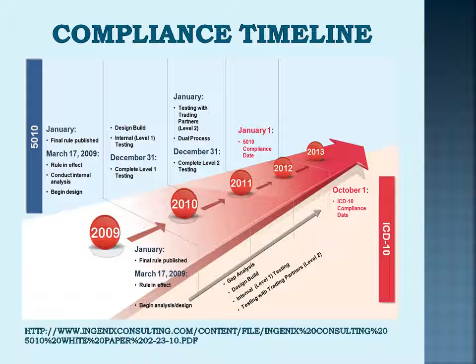On January 1st, 2012, the 5010 compliance date was built in. And again, there was a lot of testing done during that time. The deadline had been moved back originally from 2013 and pushed forward all the way to 2015 of this past year.